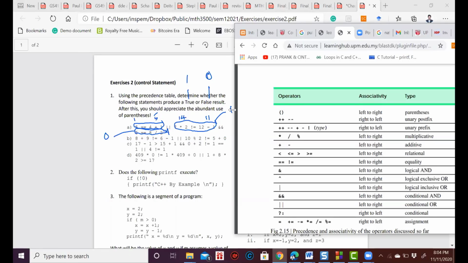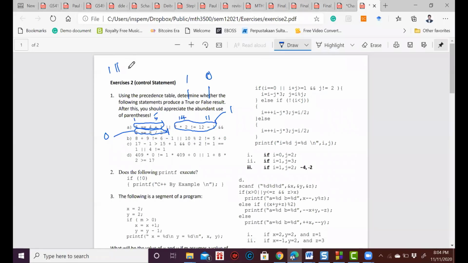So 1 and 0, 1 and 0 is 0. So then we will have 1 or 0. This one is 1. 1 and 0 is 0. Now 1 or 0? 1.